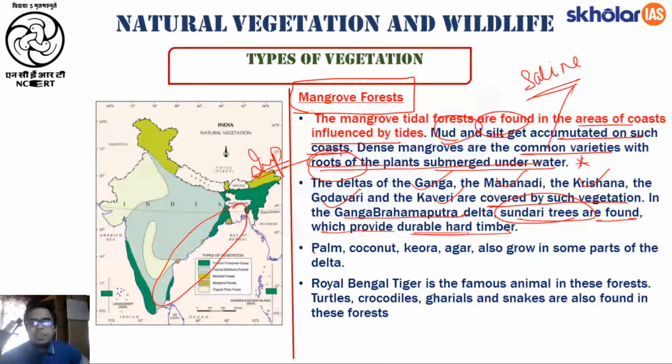Then examples include palm, coconut, keora, and agar, which also grows in some parts of the delta. Fine. Then the Royal Bengal tiger is the famous animal found in this forest, and turtles, crocodiles, gharials, and snakes are also found in this type of forest.